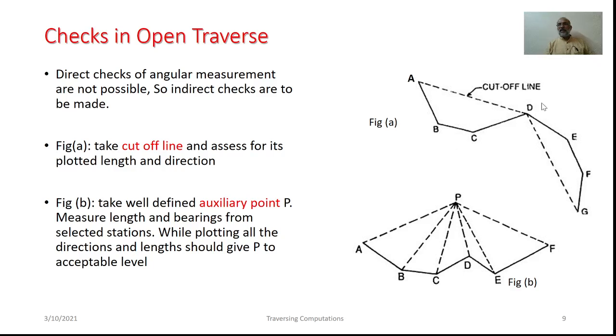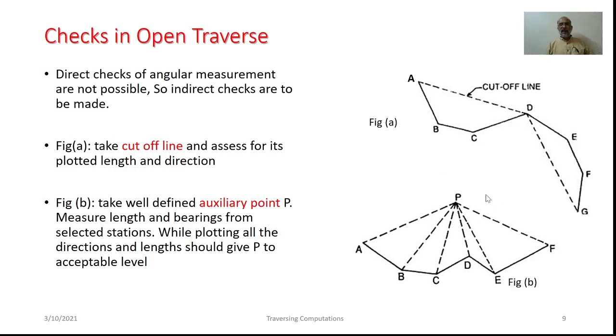Theoretically, A, B, C, D, A is a closed traverse. Similarly, D, E, F, G, D is also a closed traverse. So, by having such cutoff lines, we can assess the plotted length and its direction, and we can apply the check in the open traverse.